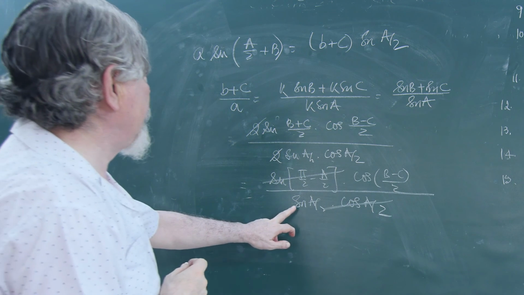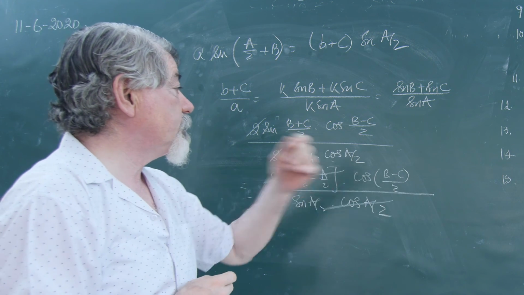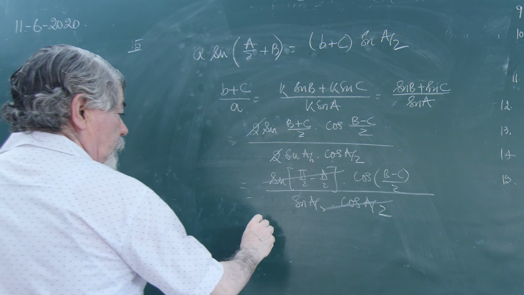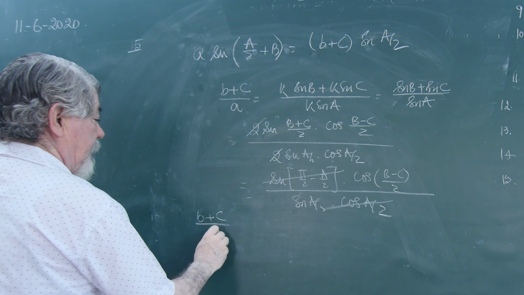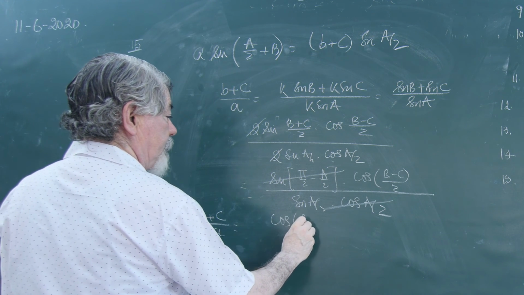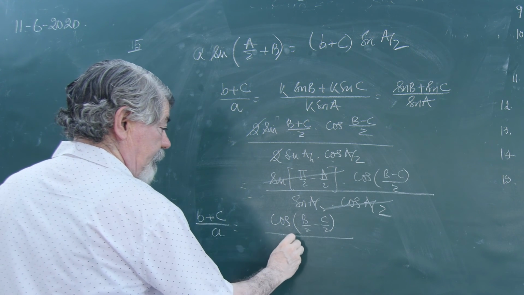I have got sine A by 2, which I will get B plus C. Now I have to see cos B minus C upon 2. Now we know what is left: B plus C upon A is equal to cos B by 2 minus C by 2 upon sine A by 2.